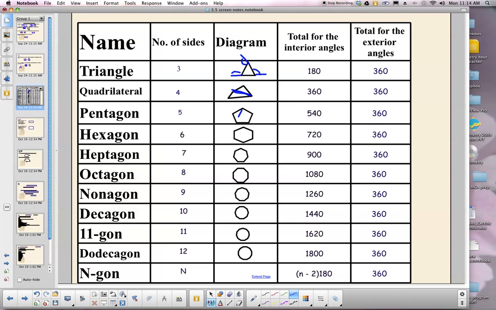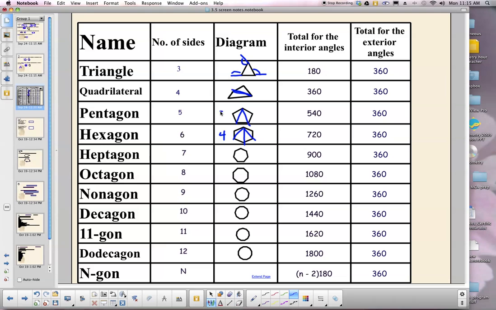A pentagon can be split up into 3 triangles, so 3 times 180 would give you 540 total degrees. A hexagon splits up into 4 triangles, each one at 180. 4 times 180 is 720. Notice that for 6 sides, it makes 4 triangles.